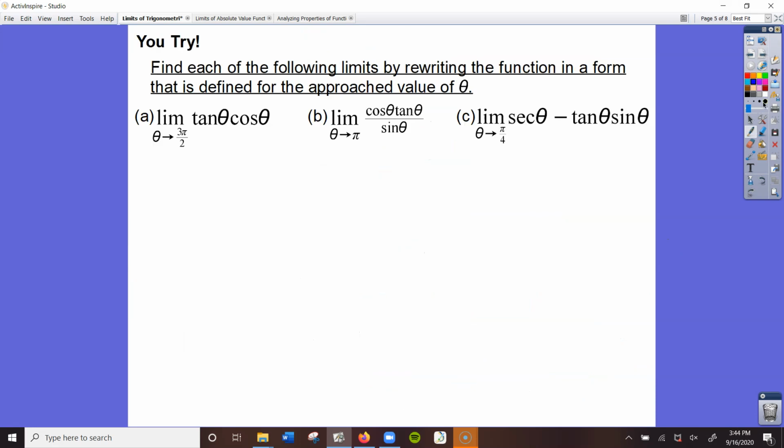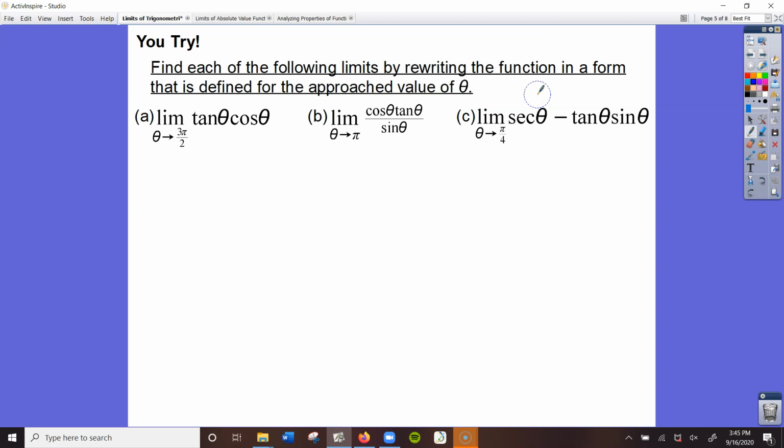So now let's try applying some of these trigonometric identities. For this first one, we have the limit as theta is approaching 3 pi over 2 of tangent theta cosine theta. I'm going to first try to rewrite this using only sine and cosine. If you can get into that habit, I mean, there are multiple ways of applying identities so that you can simplify your trigonometric functions.